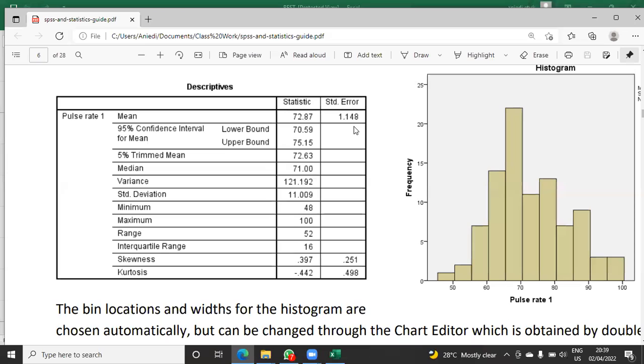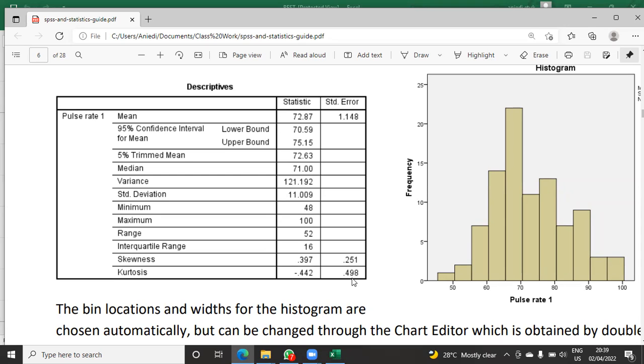And we can also see the standard error and the standard error of the skewness and the cutoffs. You can see the skewness is low, tending towards the left, and the kurtosis is that the tails are not close to the baseline. They are up, understand?